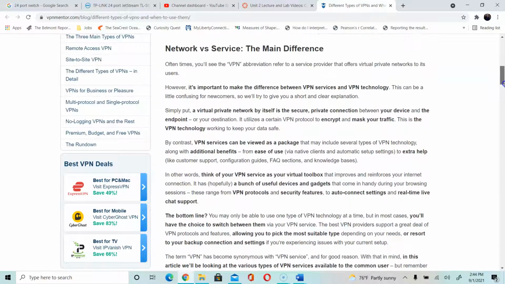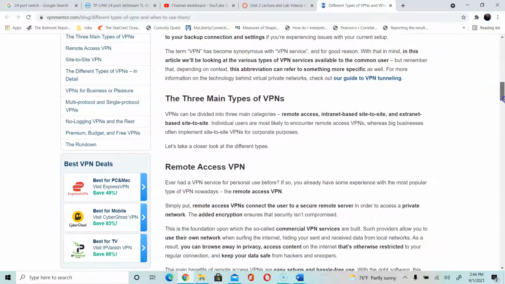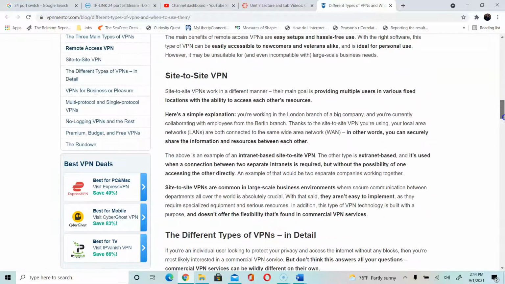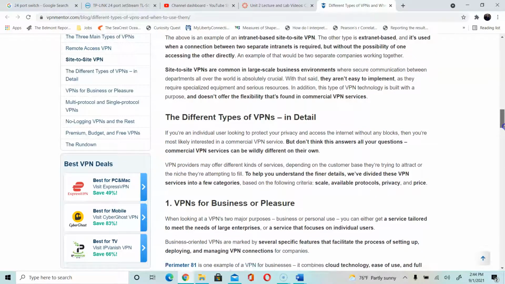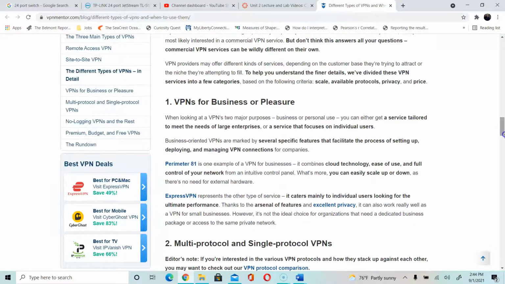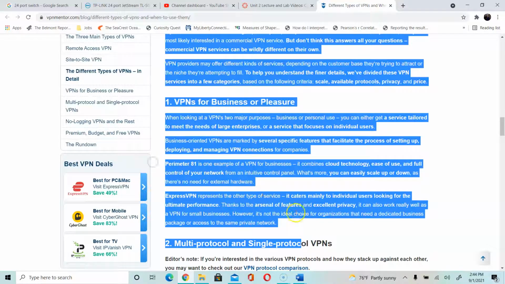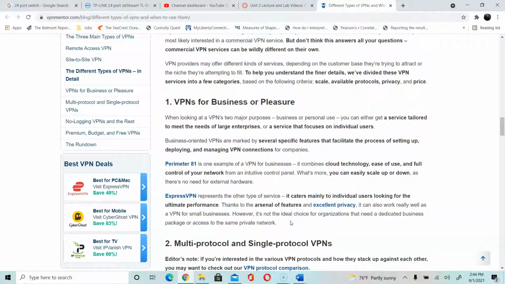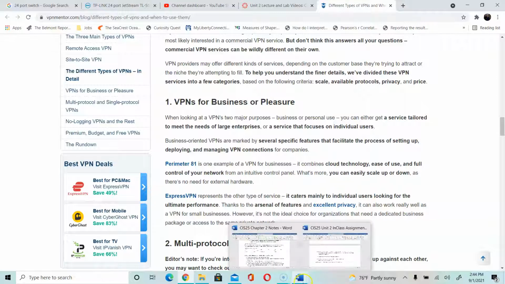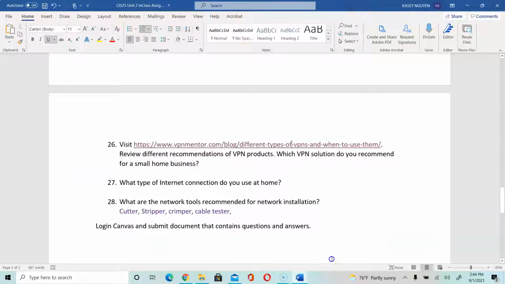So I want you to go through this page, and you would need to select the type of VPN that you would be able to use for business. And here it talks about different products that are available out there. Okay, so make sure that you check out that page, go through it, and answer the question.